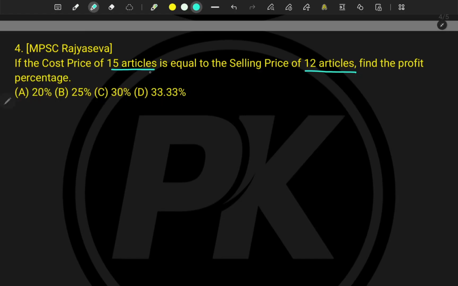So the cost price of 15 articles is equal to the selling price of 12 articles. Now tell me, can I write 15 articles cost price is equal to 12 articles selling price? Can I write it in this way or not? Just think a bit and tell me in the comment section.